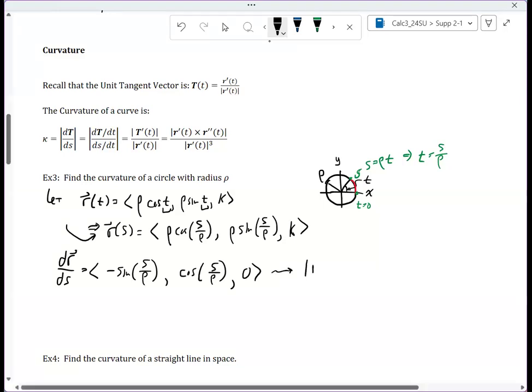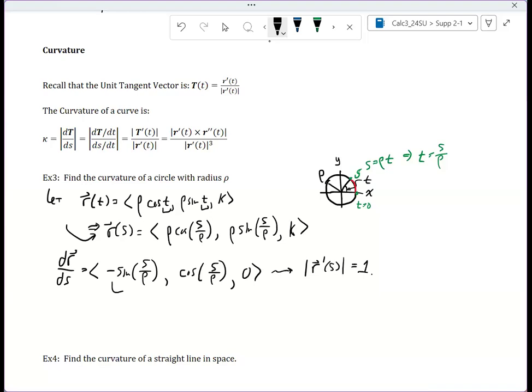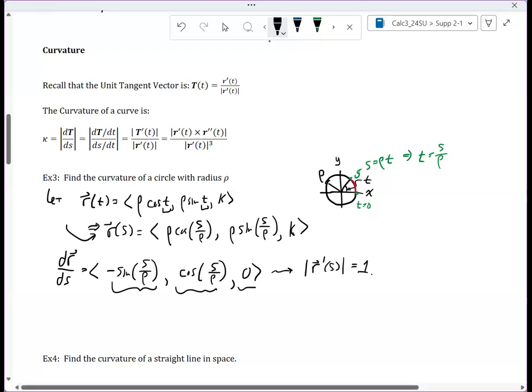And we note that the length of r prime of s is 1. Right? The length will be the square root of the first component squared, sine squared of s over rho, plus cos squared of s over rho, plus 0. The square root of 1 is 1.